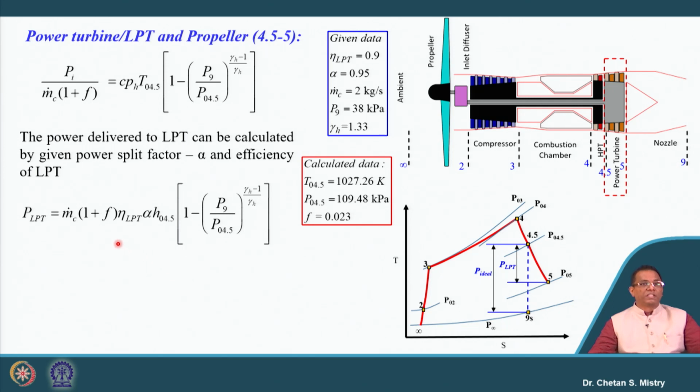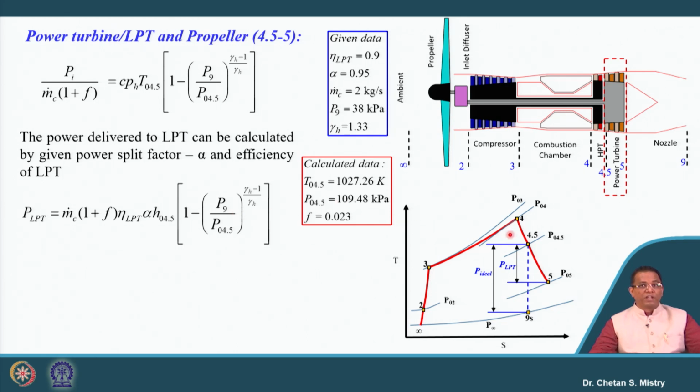It says this is given by my power of LP turbine, it is m dot C (1 plus F), my efficiency of the LP turbine into factor alpha, and this is my power input or delta PE. Do not get confused in terms of solving this numerical. Just look carefully, try to understand this numerical.